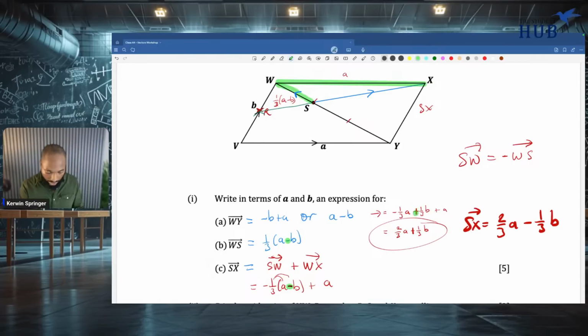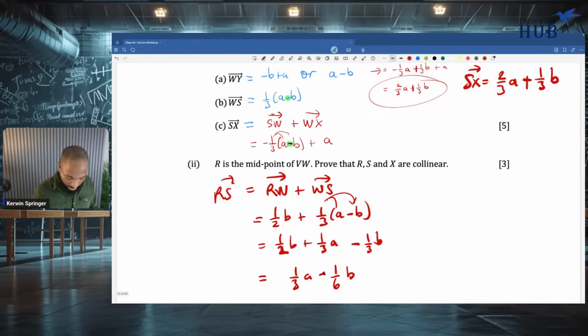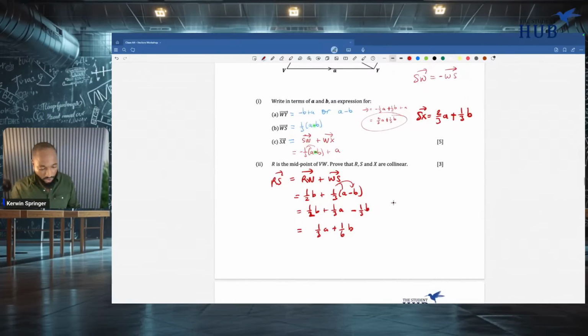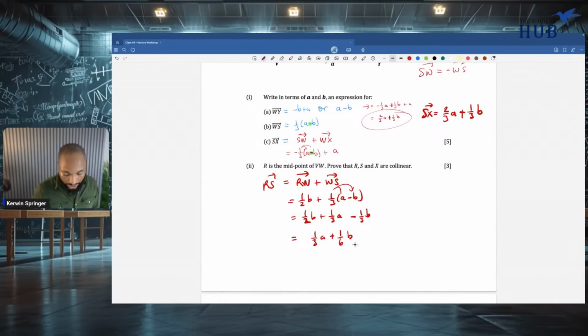That would make this positive. The reason I checked back is because I was getting positive 1/6 B down here, but I was seeing a negative here, so I just checked back. All right, so we're good. No laws were broken. So we wanted A plus 1/6 B.